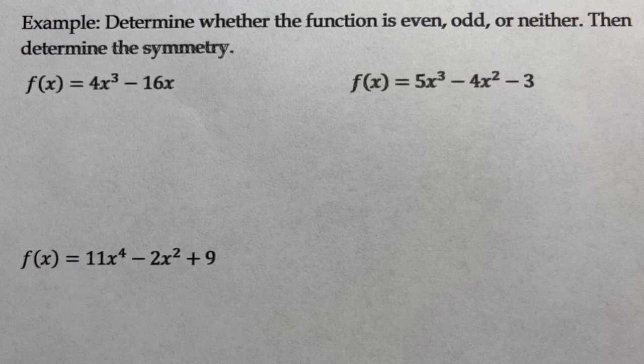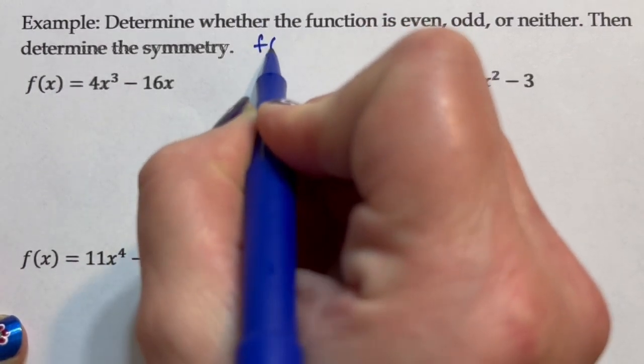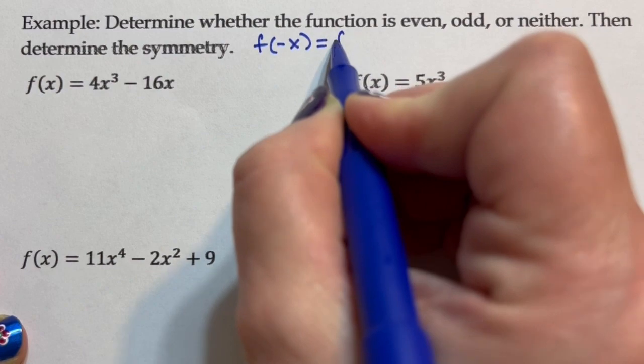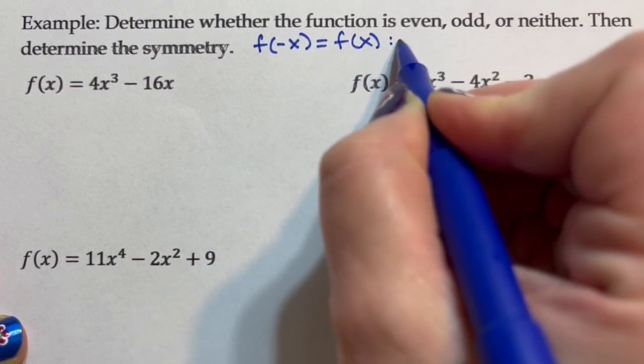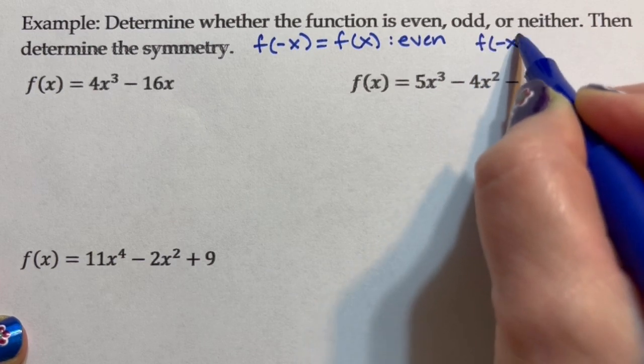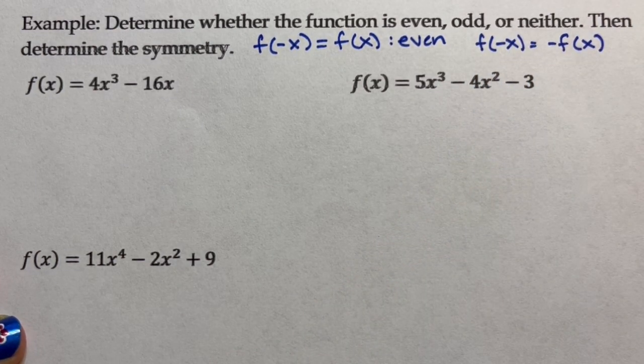All right, so the way you determine if it's even is if f of negative x equals f of x, that's even. Odd is if f of negative x equals negative f of x, and neither is everything else.